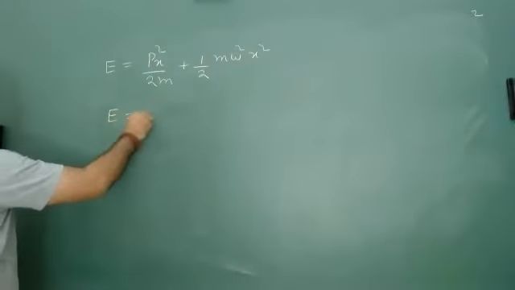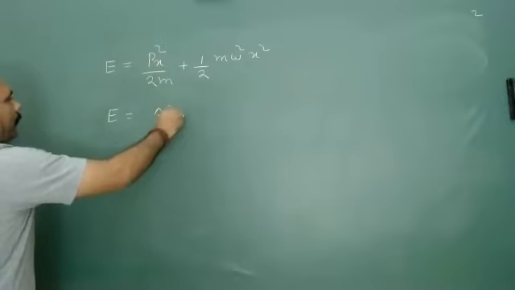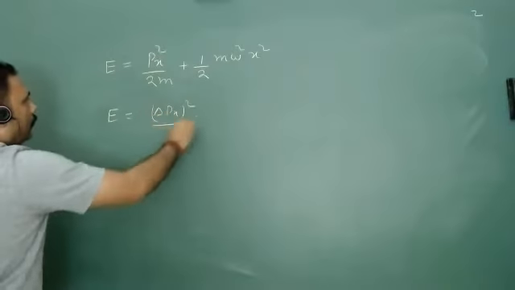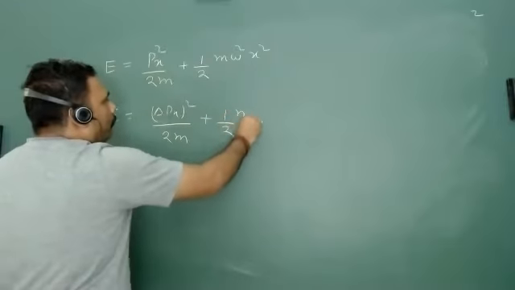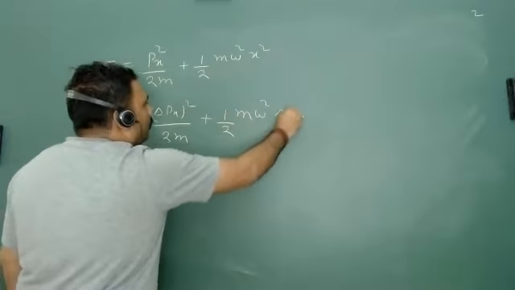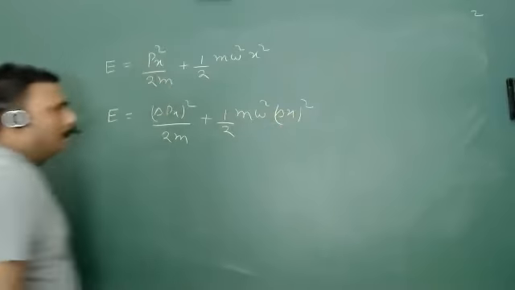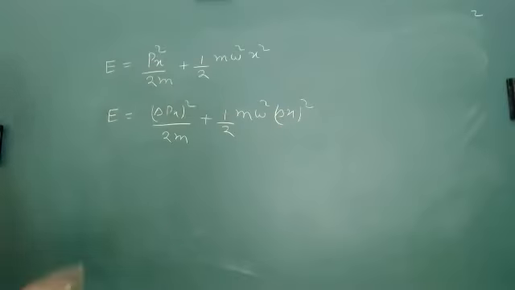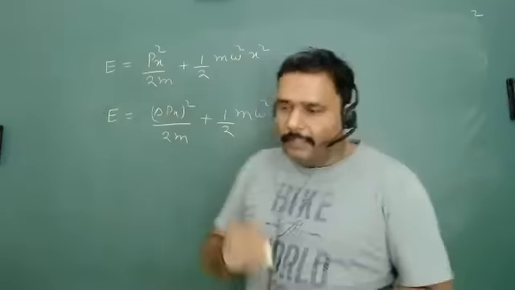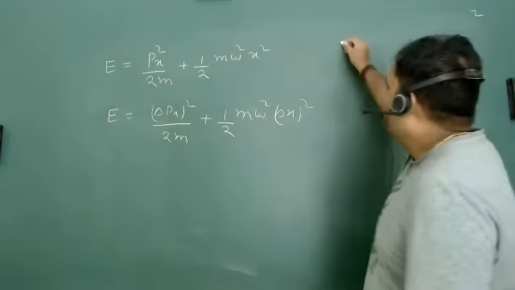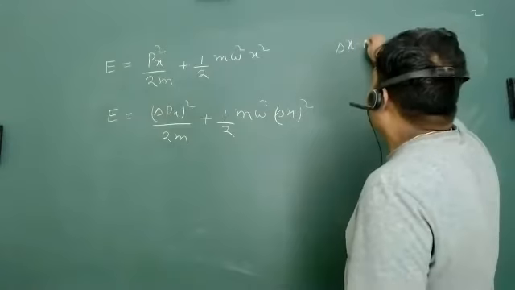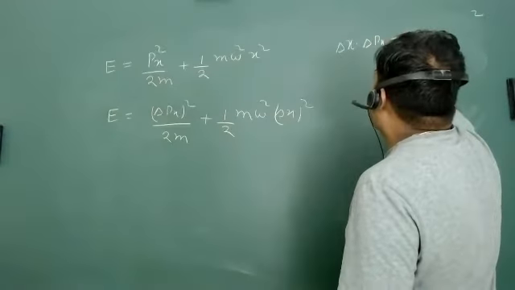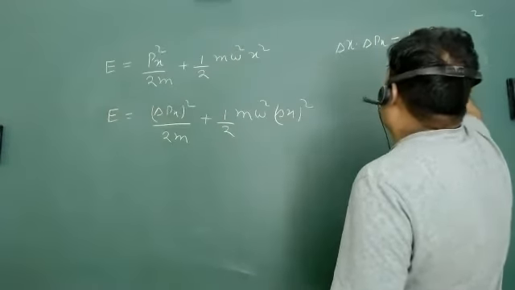I can write this as delta Px whole square upon 2m plus half m omega square delta x whole square. And now, one thing you have to remember: for the harmonic oscillator, for the minimum value of energy, you will take delta x into delta Px equal to h cut by 2.